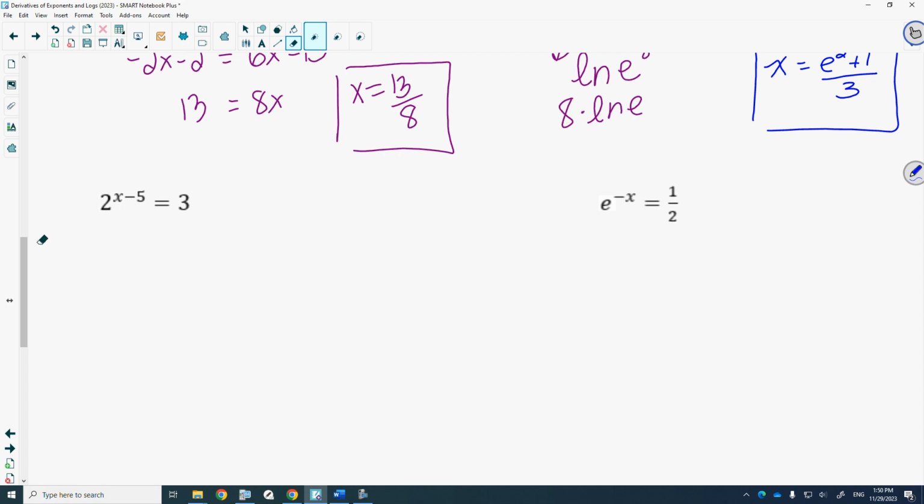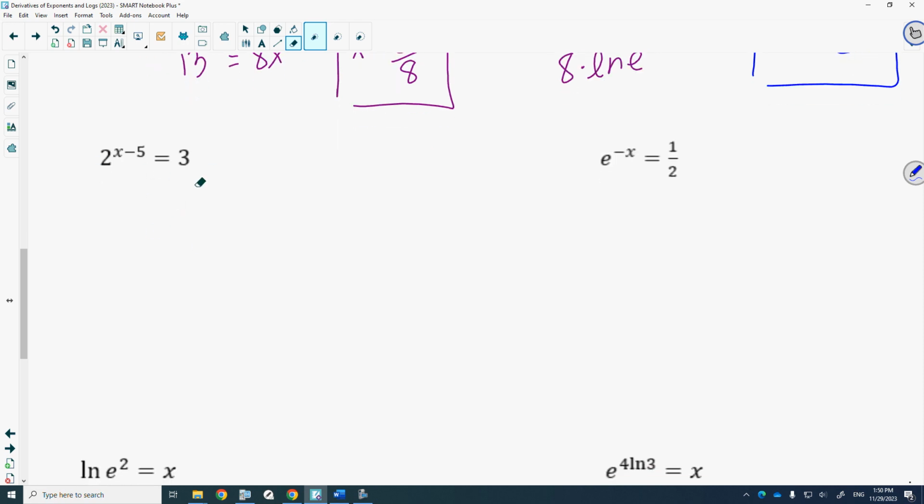I'm going to show you two different ways that we could do this one. One way is to write this as a log. One of the methods that we did in 30-1 was to write this as a log. So how we write this as a log is log, what would my base be of the log? 2. Argument, what's my argument?